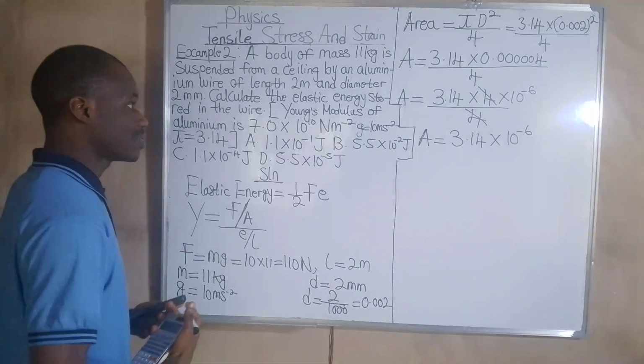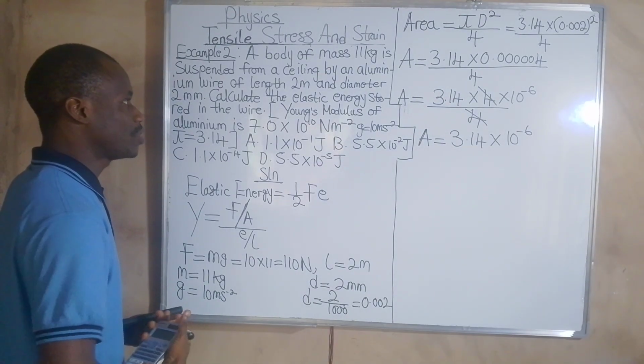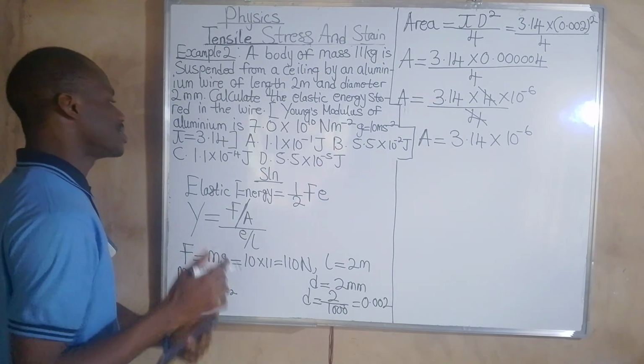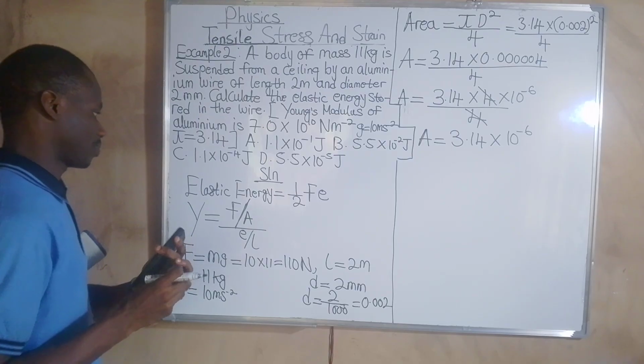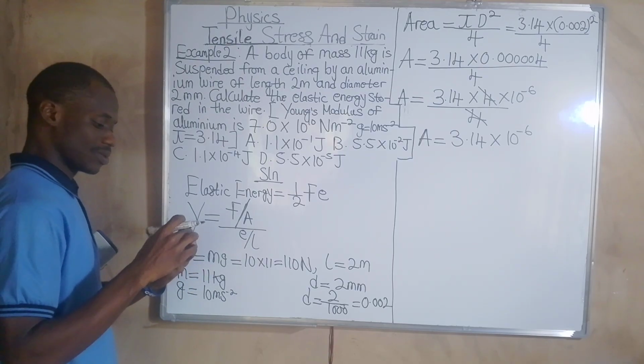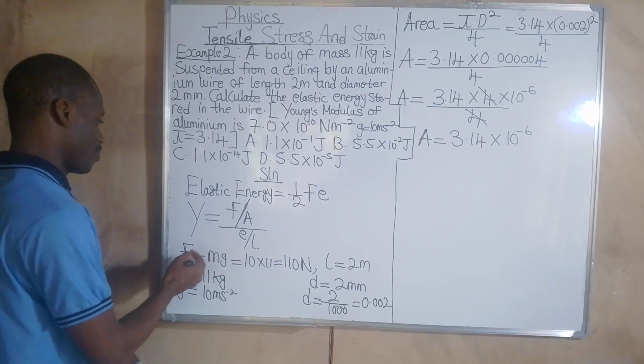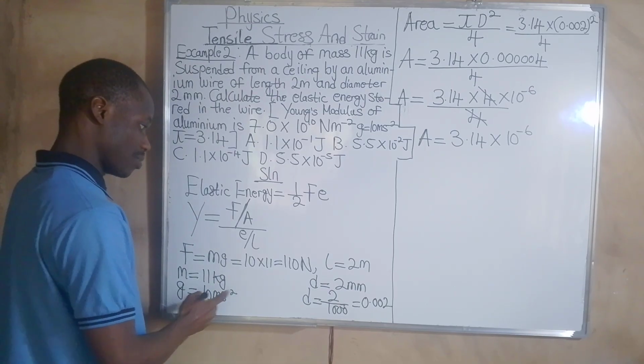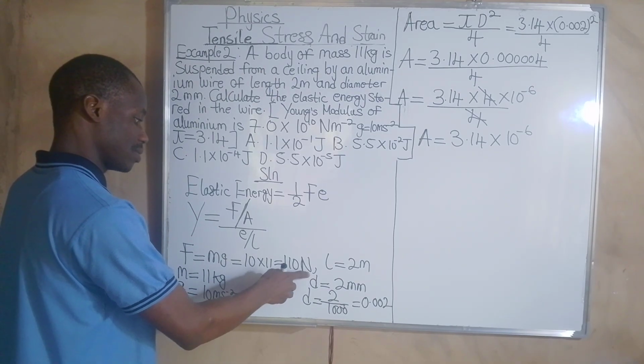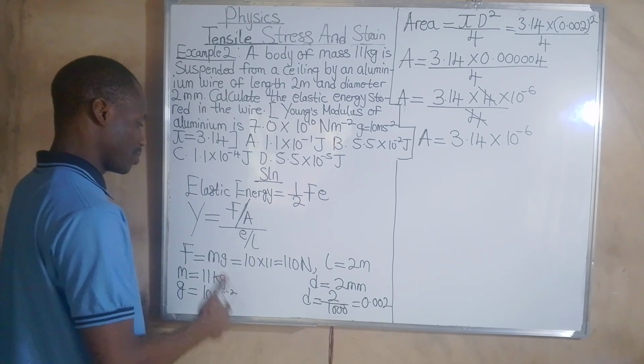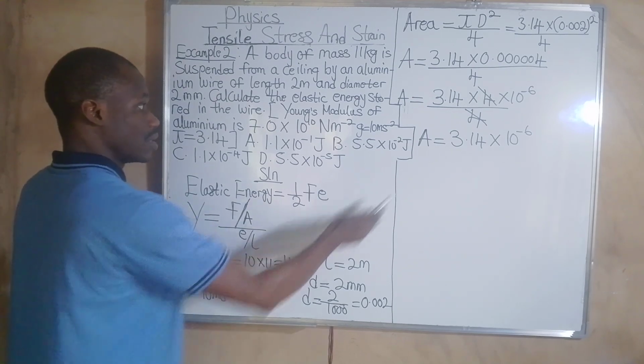Now, since we have gotten the cross-sectional area, which of the parameters from the Young modulus do you think is still left? Force has been gotten. Our new force is 1110 Newton. Then cross-sectional area, this.